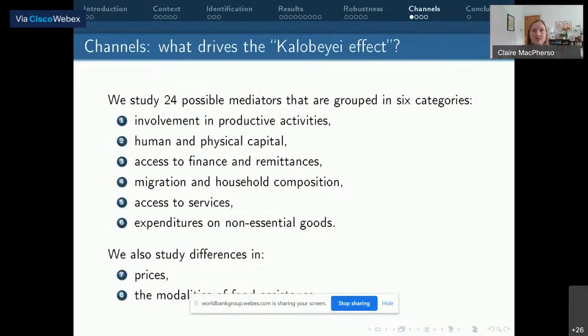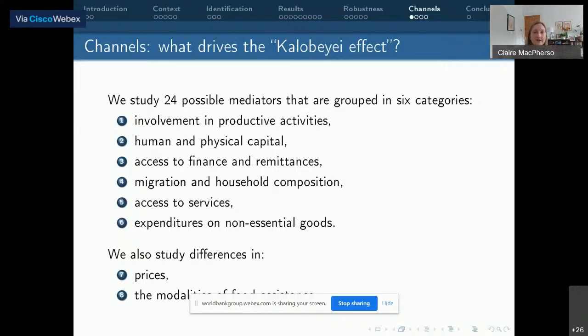So if it's not selection bias, what could explain the Kalobeyei effect? In the paper, we review eight categories of explanations, so from differential access to employment, agriculture, banking or education, to differences in prices and in food assistance modalities. As we unfortunately don't have enough time to go over everything today, I'll focus here on the channels that seem to matter the most.